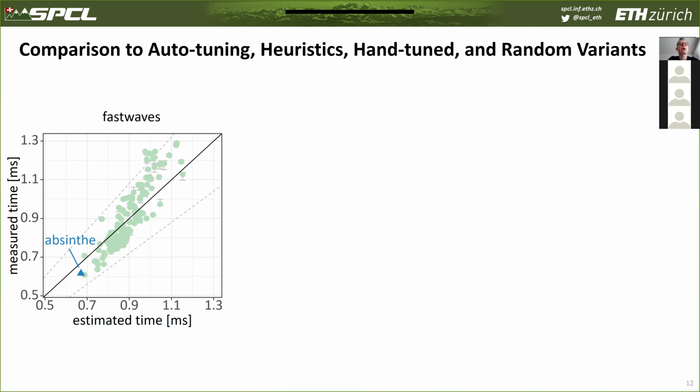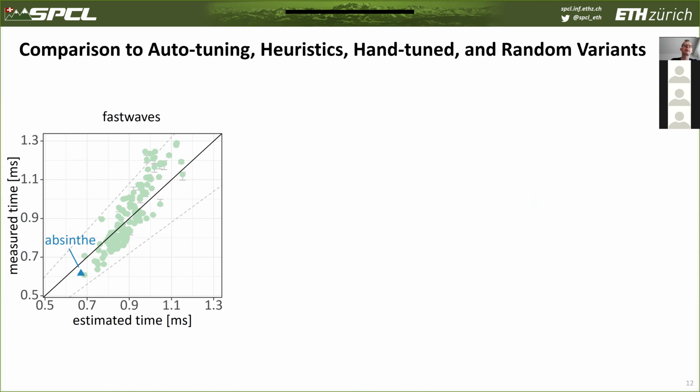So what are our results? In this plot, we show results for the Fastwaves kernel. And the green points are different implementation variants, so different fusion choices, different tile sizes. And on the x-axis, we have again the estimated time. On the y-axis, the measured time.